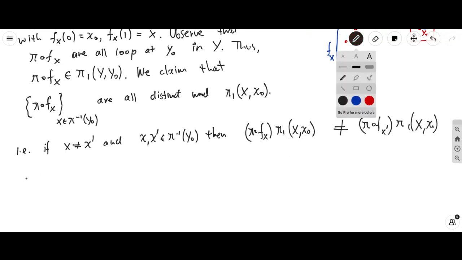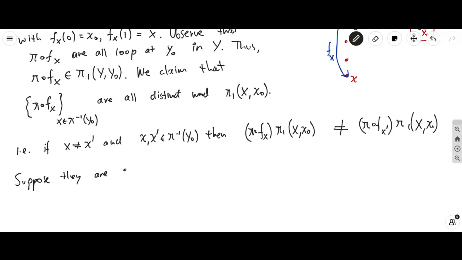So let me just say, let's maybe do it by contradiction. So suppose they are equal. So then pi fx would be congruent to pi fx prime mod this subgroup.